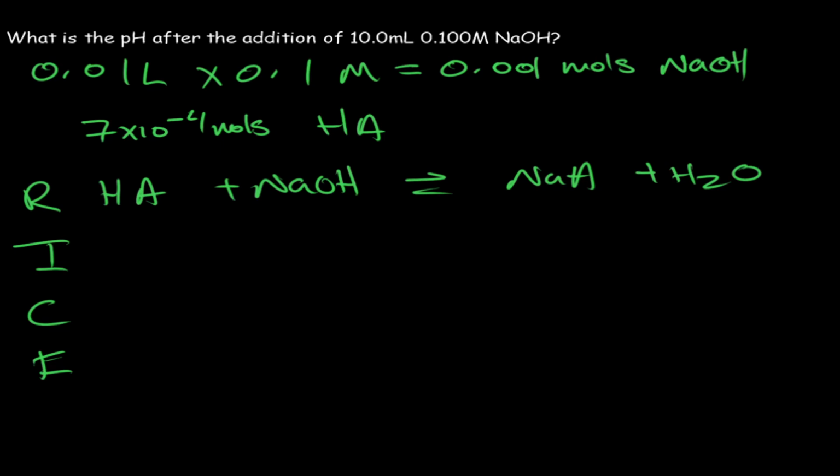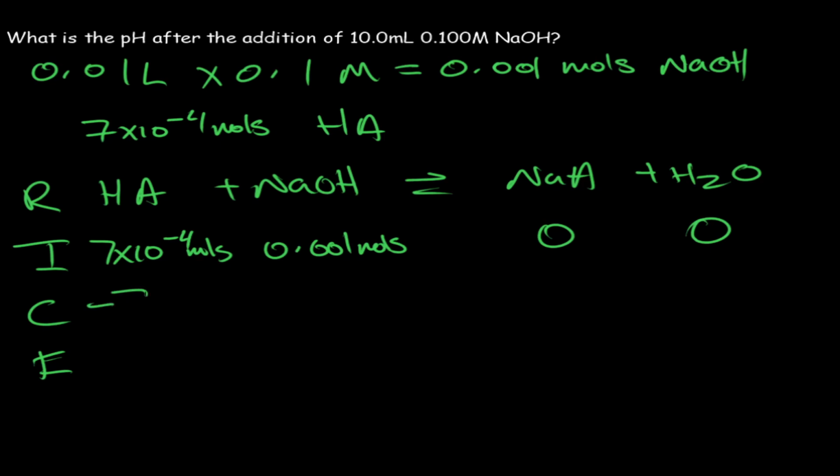And our initial amounts is 7 times 10 to the negative 4 moles, 0.001 moles of sodium hydroxide being added, and we have no sodium acetate or water yet. Our change, well, this time all of the acetic acid will react with our strong base, so we'll be losing all of that. And we would be gaining that exact amount on the other side.